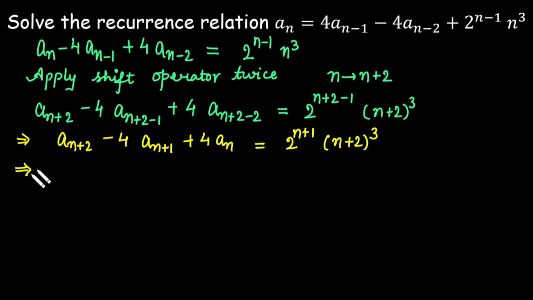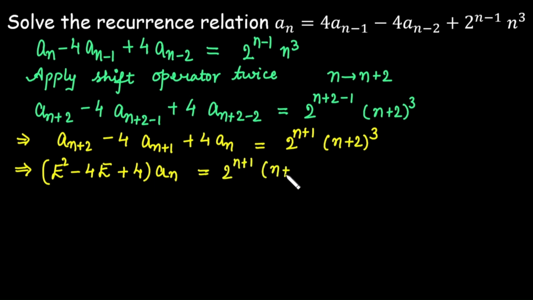Writing in operator form, this is E square, as it shifts a_n by 2 steps, minus 4 times E, plus 4, with no shifting, so we will not write E there. So simply we can take it in this form, equal to 2 raised to power (n+1) times (n+2) raised to power 3.